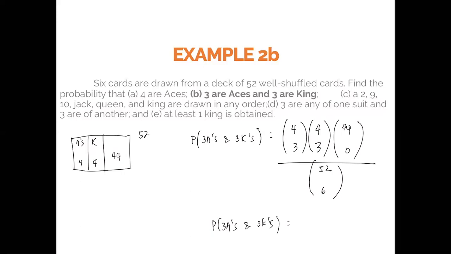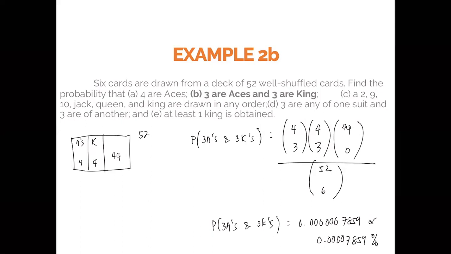So, yung probability natin upon calculation is equals to 0.0000007859 or 0.00007859%.